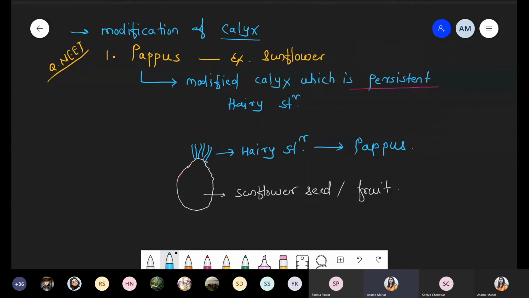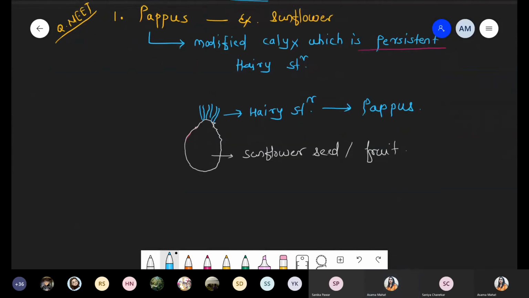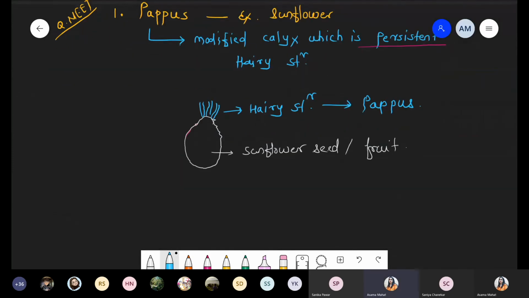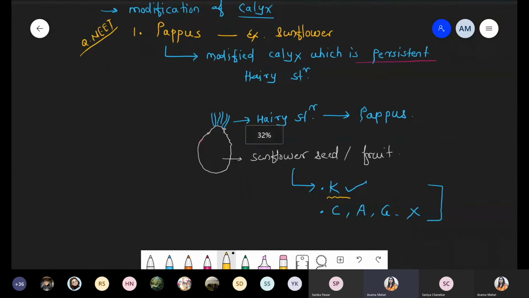But in this condition, when we are talking about that fruit, the sunflower seed, only the part of calyx is present, but corolla, androecium, gynoecium, all these are absent. Which part is present? K for the calyx. Remember, I'm using the symbol here. K for the calyx. So in case of the sunflower, this is the one modification.